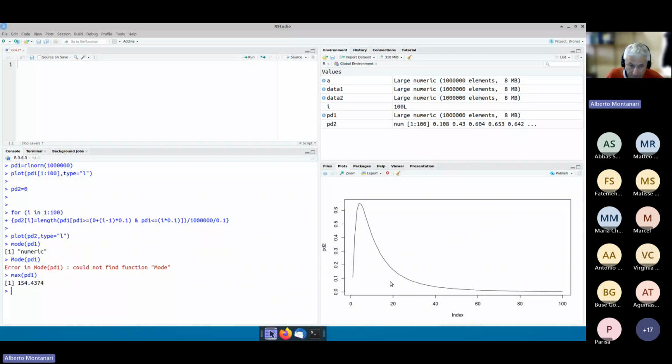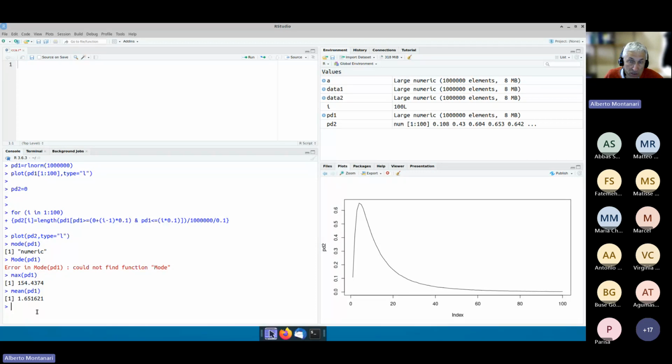What does this mean? It means that even if the average of PD1 is not very large, I'm expecting something like 10. No, it's even less than that. The average is 1.65.